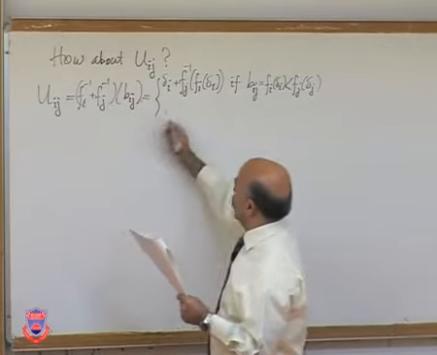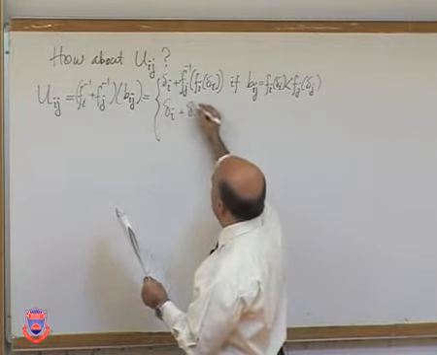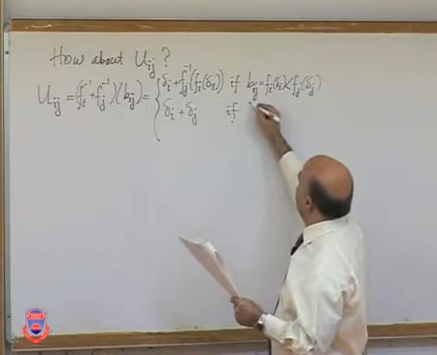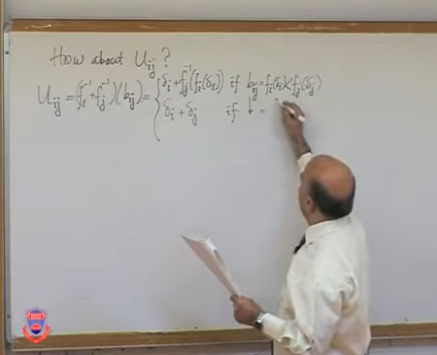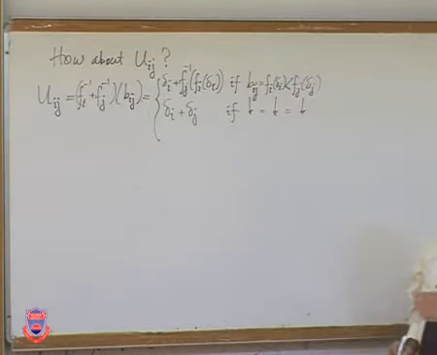The second one, delta i plus delta j, if you have equality here and equality here, if everything is equal.